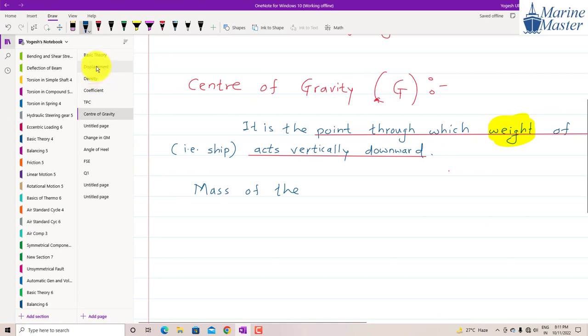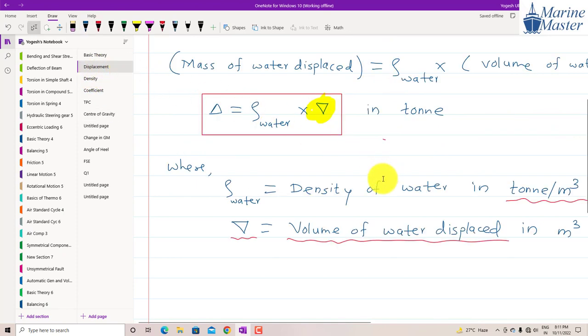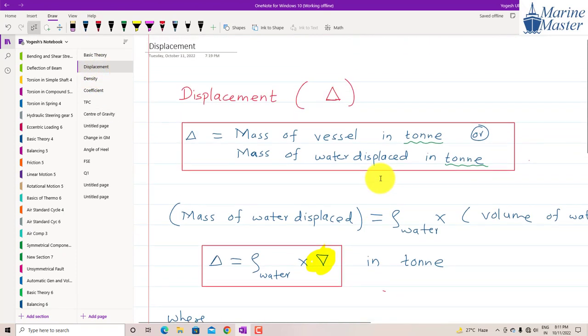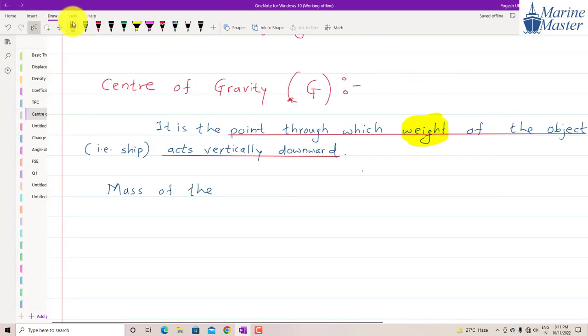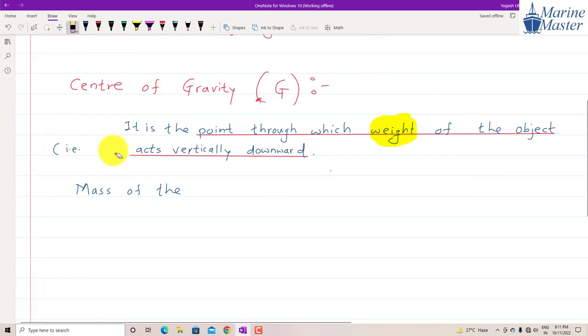In our previous discussion, we denoted mass of vessel, so it is better to keep it as vessel, guys. Vessel covers everything. How do we denote the mass of the vessel, guys?